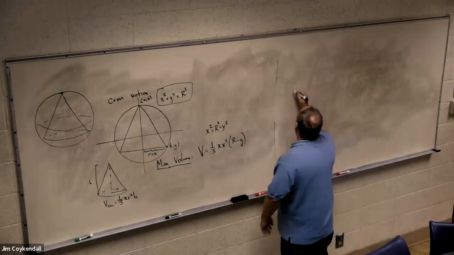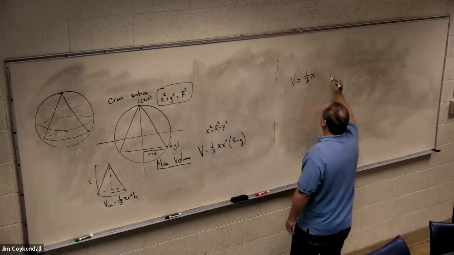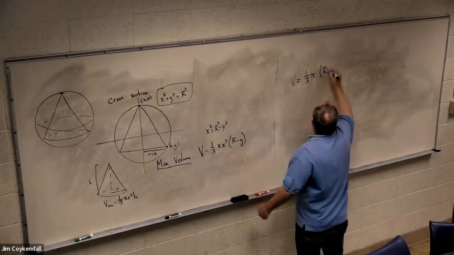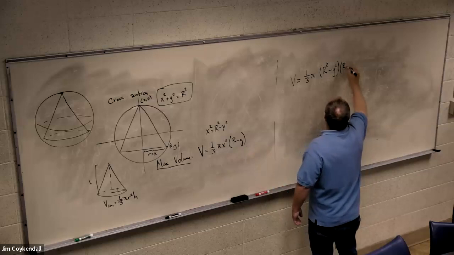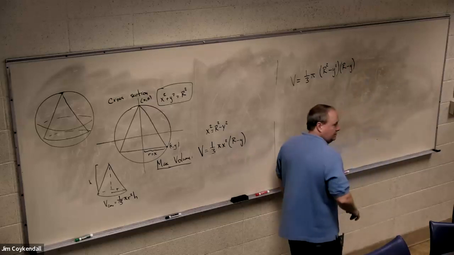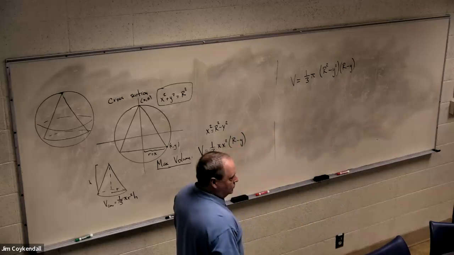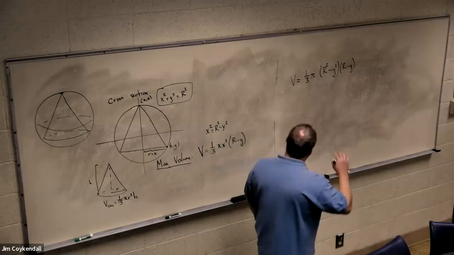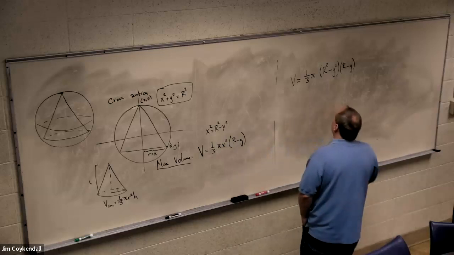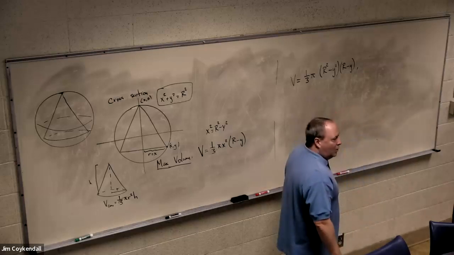My volume is 1/3 pi times X squared, which is R squared minus Y squared, times R minus Y. So what do we need now?